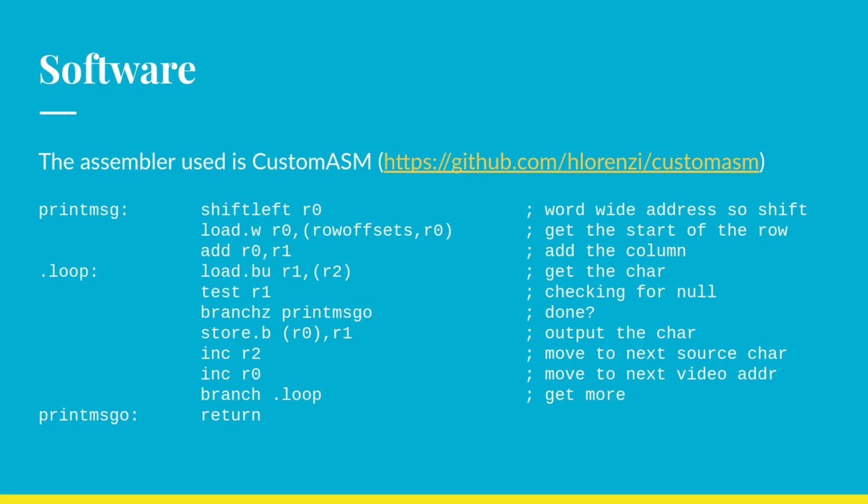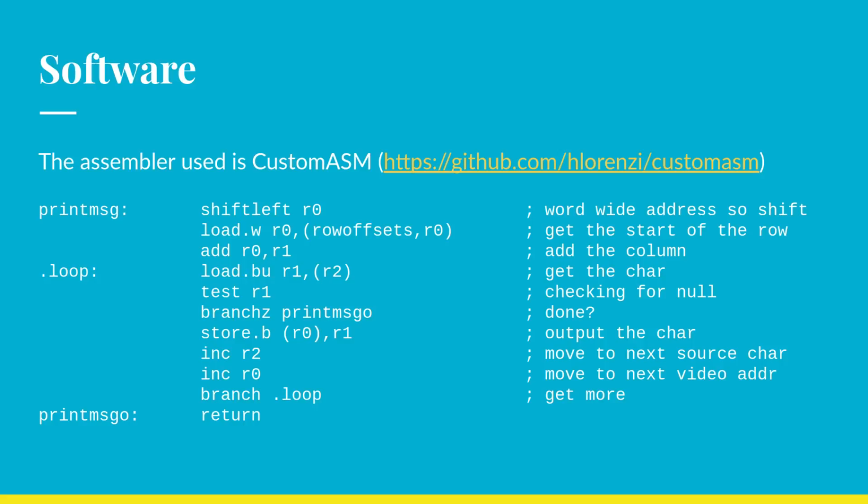And the long and the short of it is the entire definition for this processor inside custom ASM is I think maybe 20 lines of description in its declarative syntax, and it's very, very easy to use.